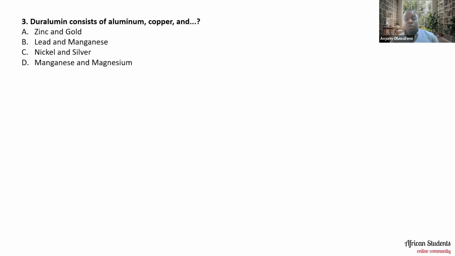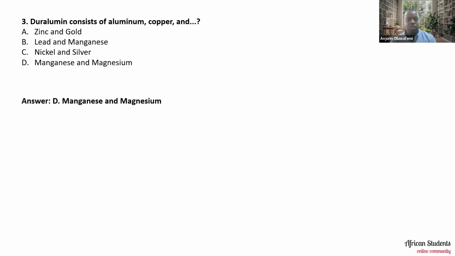Okay. The third question is, duralumin consists of aluminum, copper, and dash. Is it A, zinc and gold, B, lead and manganese, C, nickel and silver, D, manganese and magnesium? What do you feel the right option is? Let me know. Okay. So the right option is manganese and magnesium.